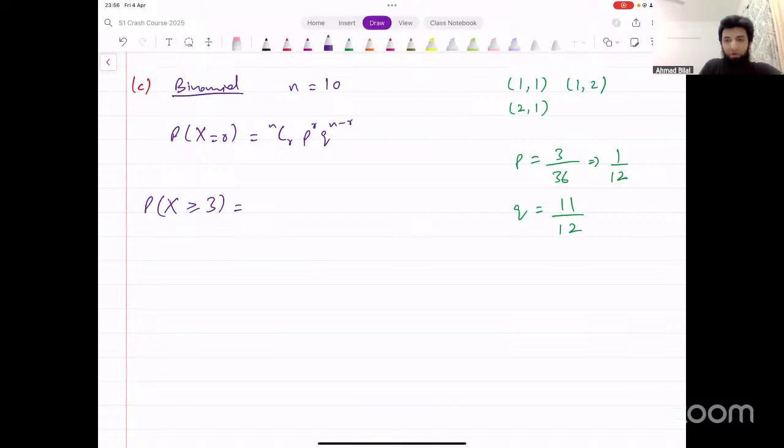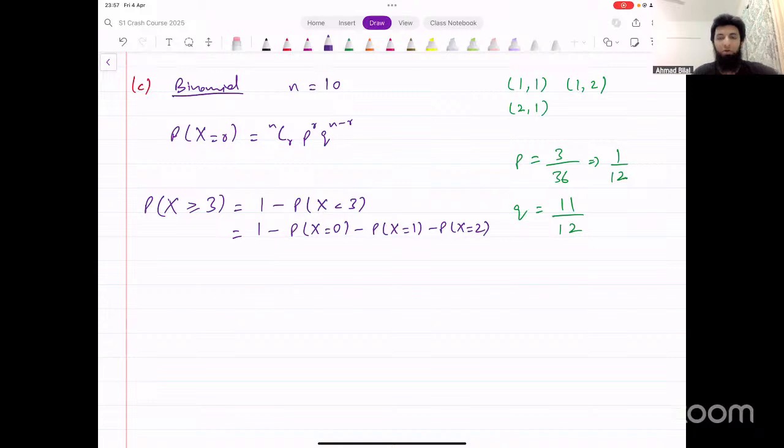We can reverse this. We can say, okay, greater than or equal to 3 is the same thing as saying 1 minus probability of x less than 3. Right? We reverse that. Less than 3 could be 0, it could be 1, or it could be 2. Remember, it's binomial.